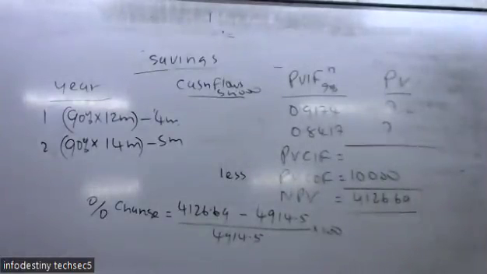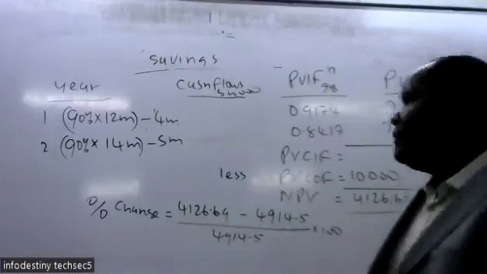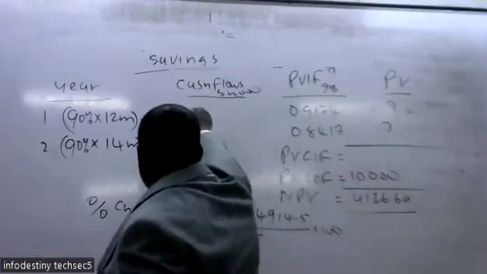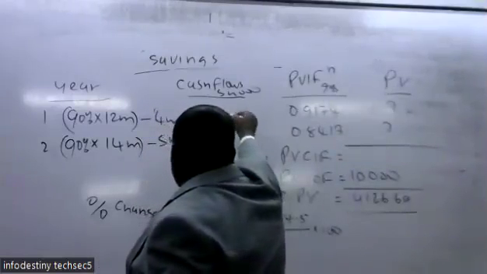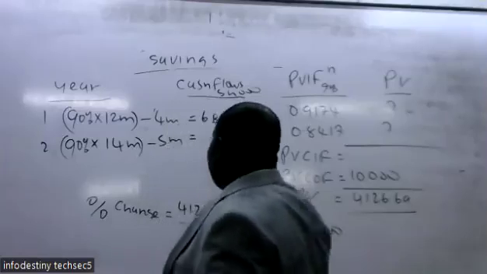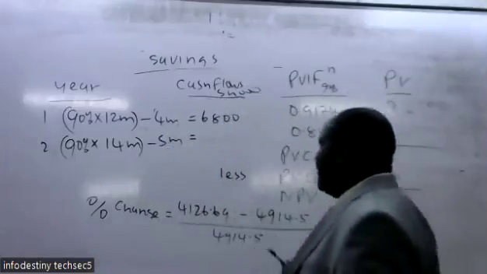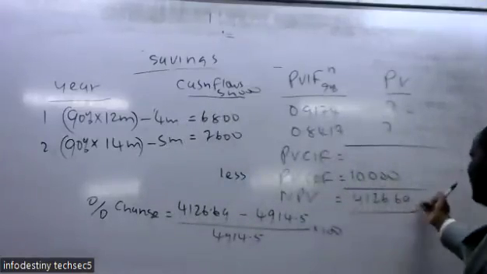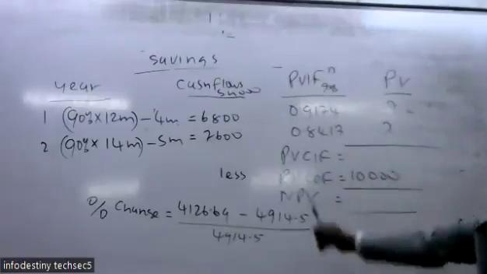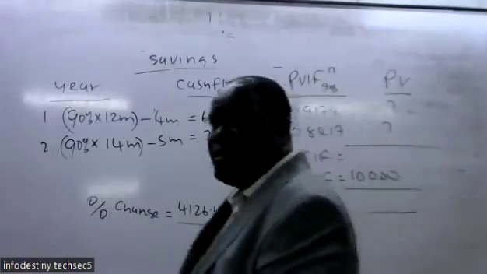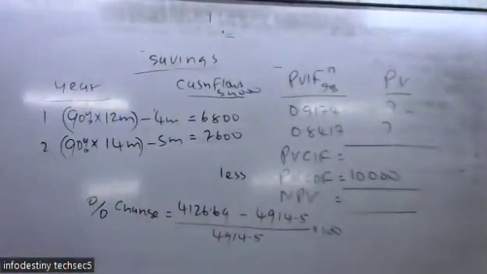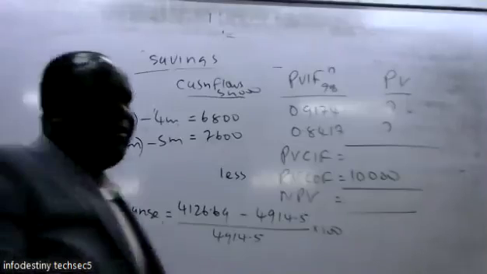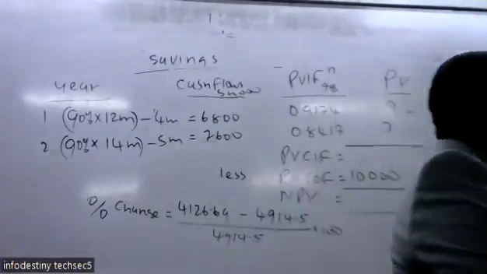So how much cash flows now will be there for year 1? Year 1 is 6,800. Then year 2, it will be 76. So get now the new NPV. The process remains.